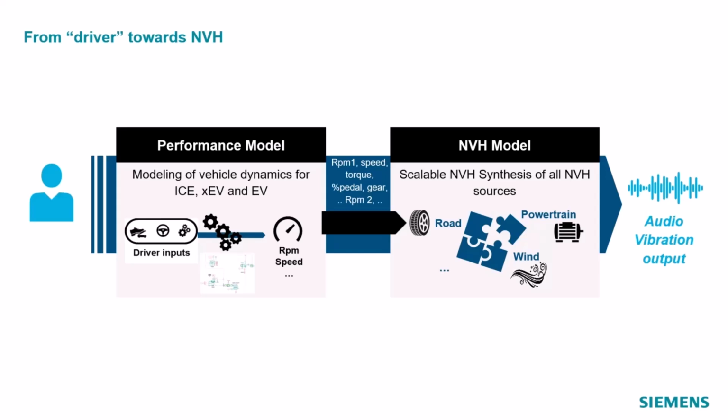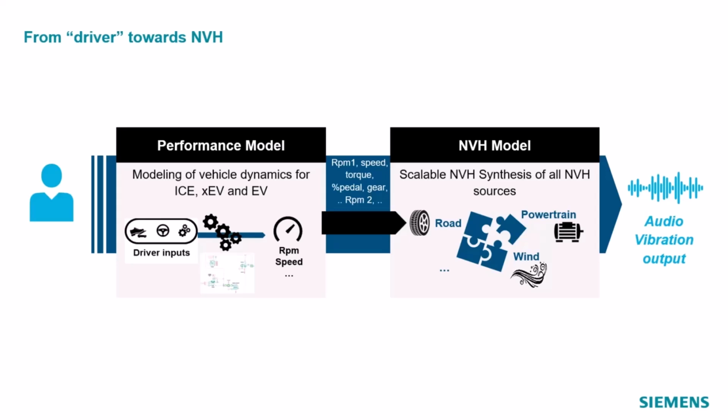And so using these three different sources, we can balance them. And these are also going to be a function of RPM, vehicle speed, torque on the powertrain, etc. We want to take those two models working together and then export or output a audio or a vibration output in the time domain that we can experience and drive ideally in real time.